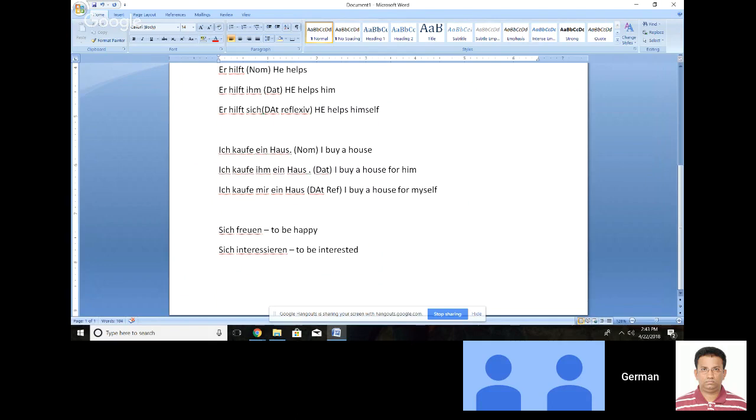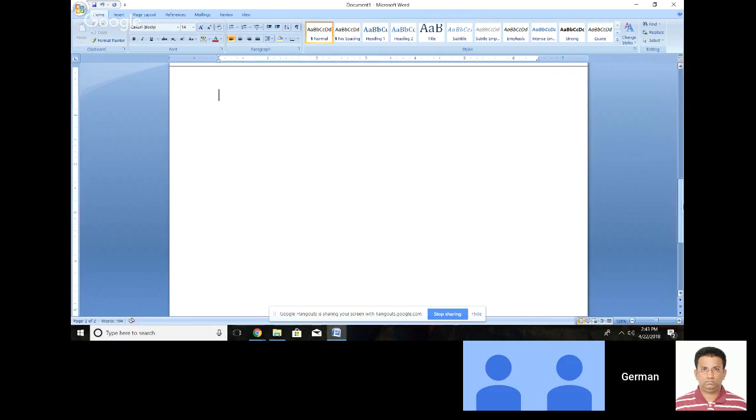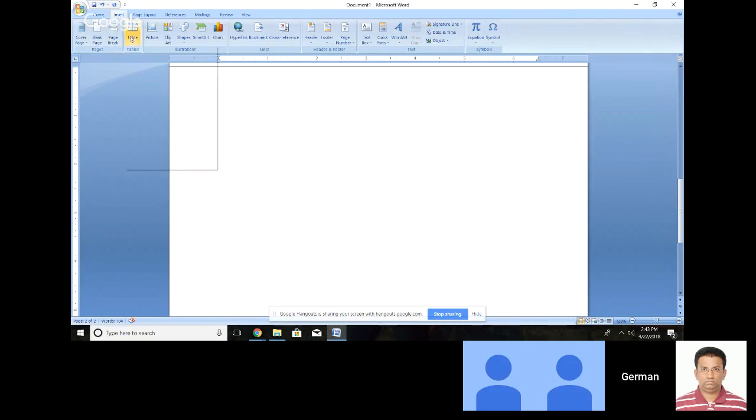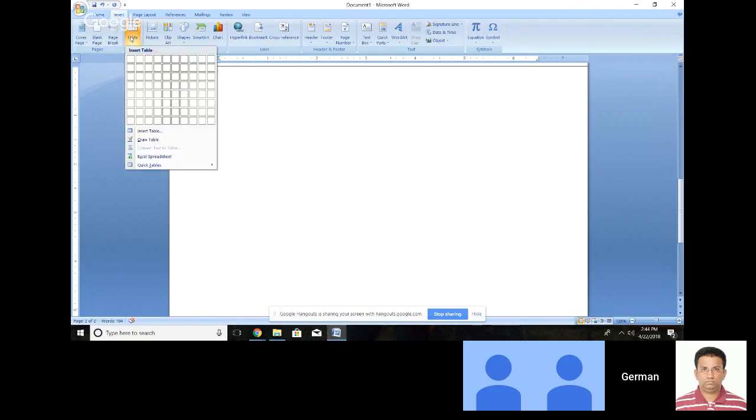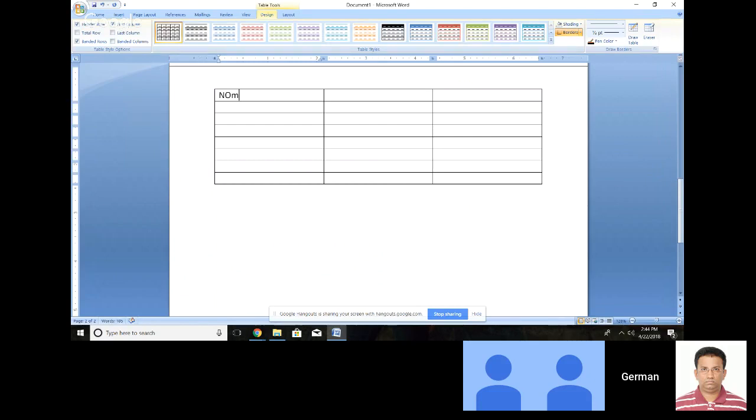Okay. Now the reflexive, we use these verbs with some specific reflexive pronouns. These reflexive pronouns are different for nominative, accusative, and dative, because they are three different cases. Okay. Nominative, accusative, and dative.